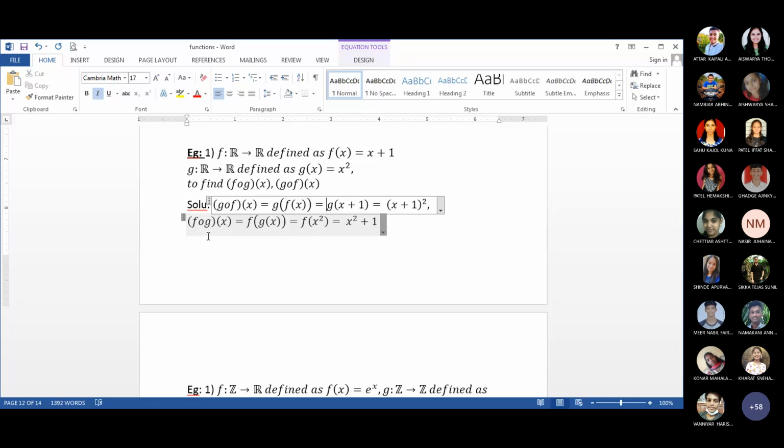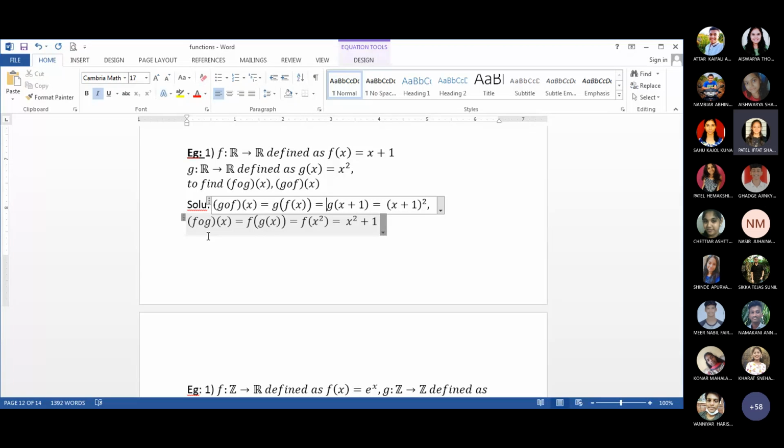First part is clear. G composed with f. Yes, is the first part clear?